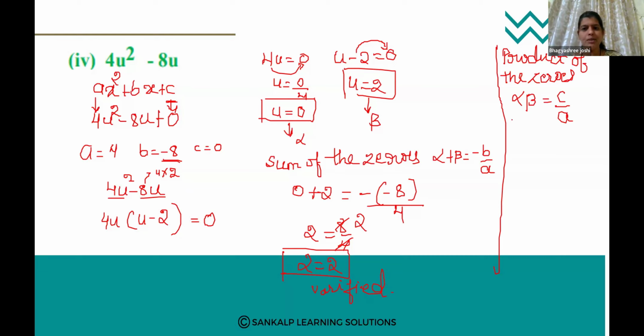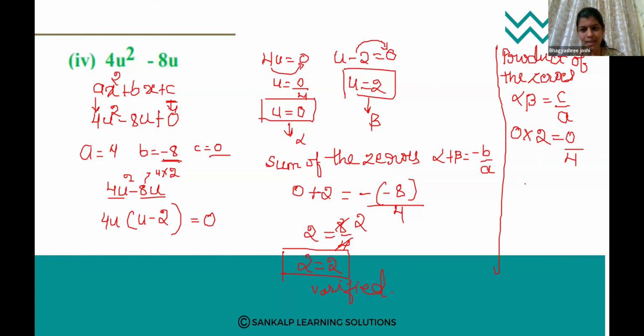Now, what is the value of alpha? Alpha value is 0, right? 0 into beta value is 2 is equal to c value. C value is 0 here divided by a value is 4.